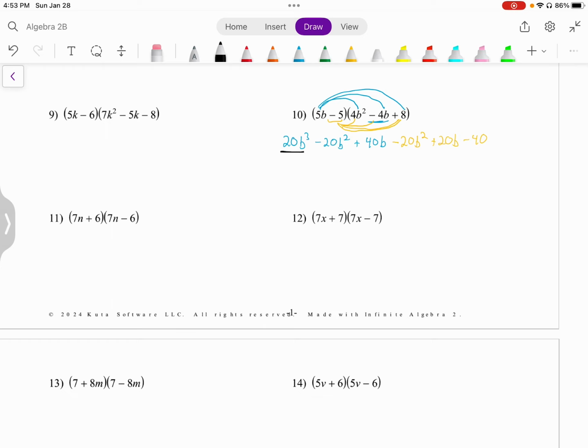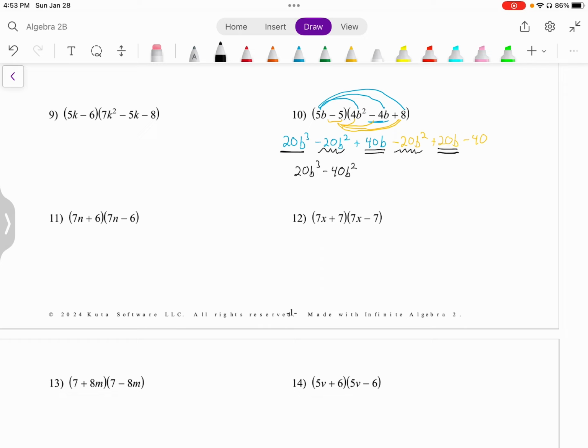There's no other cubes, so 20b cubed is part of our answer. Here is b squared, negative 20b squared. There's another b squared. So negative 20 and negative 20 is negative 40. So we're just adding like terms. That's negative 40b squared. And then we'll double underline here 40b. There's also a 20b out here.